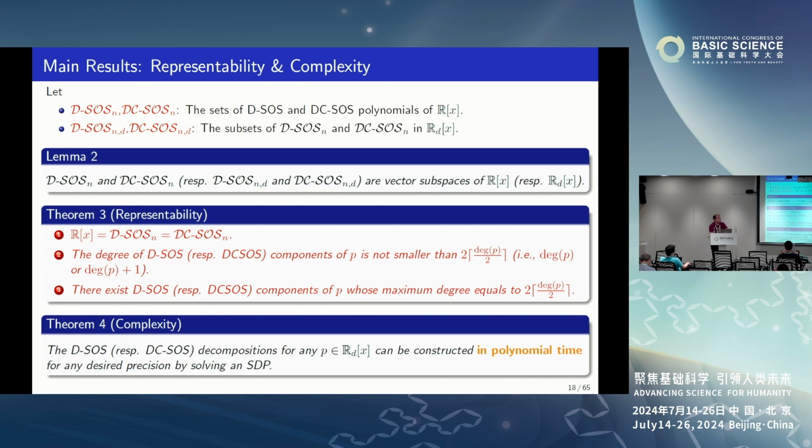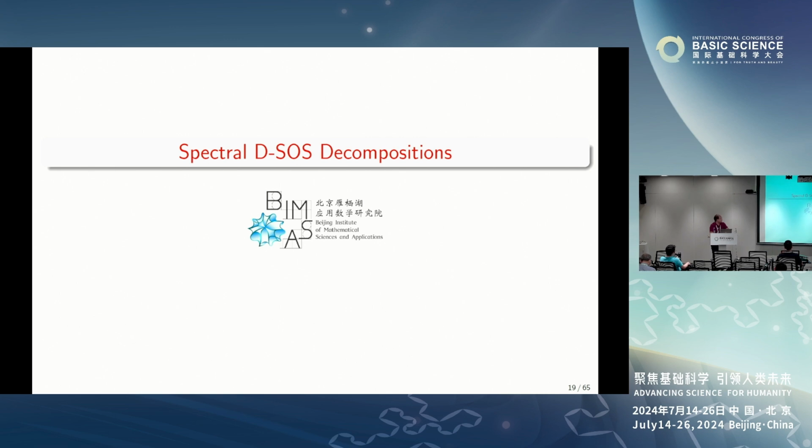So in practice, we need a more practical and efficient method, for example one that can be parallelized, for constructing a decomposition. That is what we want to present in the next slide.